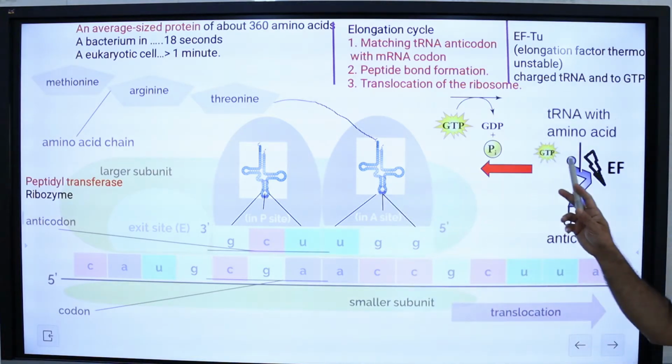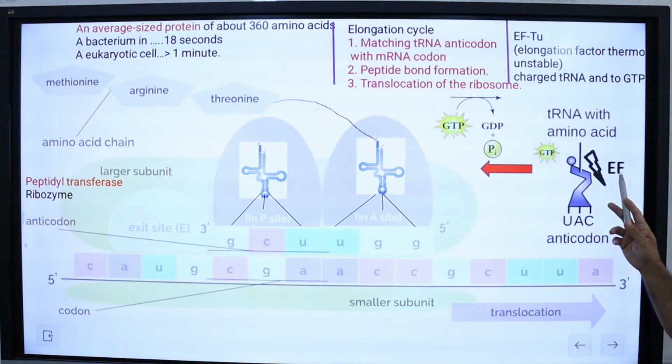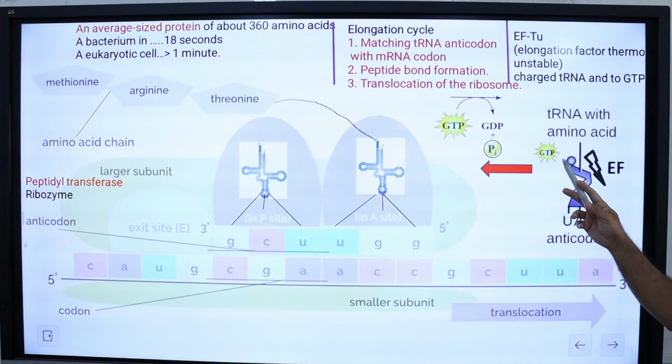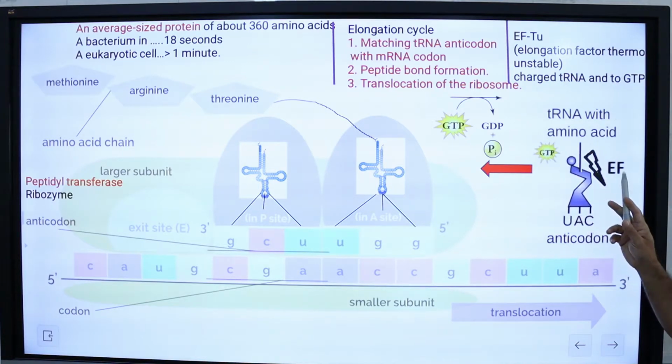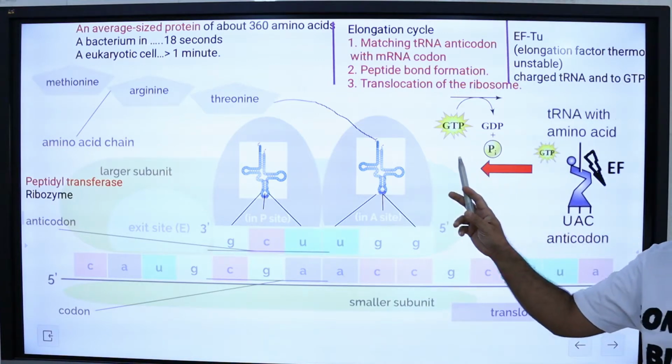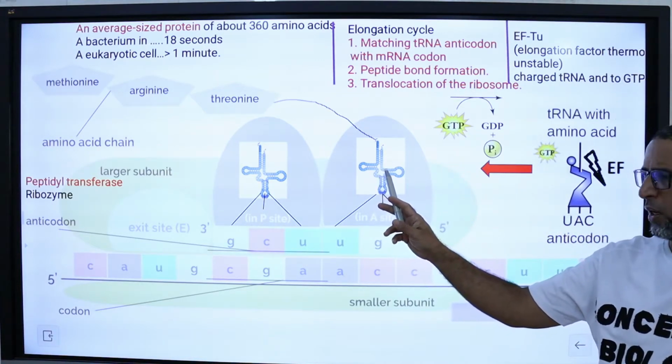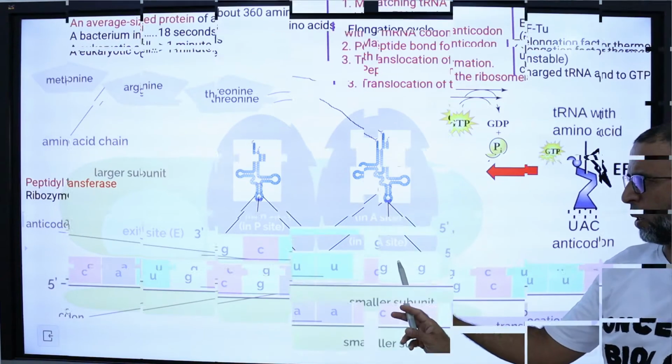This requires an elongation factor, called EF, and EF binds to the charged tRNA and to GTP. Elongation factor is responsible for catalyzing the binding of an aminoacyl-tRNA to the ribosome at the A site.